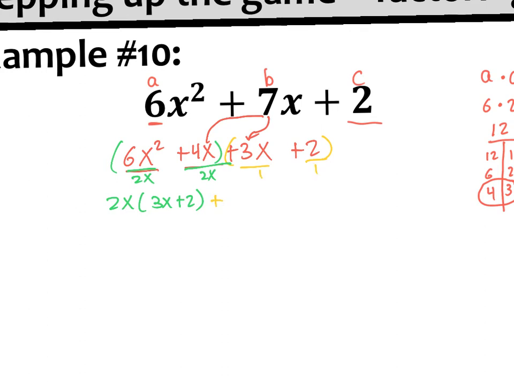Just 1. Okay? We do need to put that 1 out front when we're factoring by grouping. So 3x divided by 1 is 3x. 2 divided by 1 is 2. Okay, my two groups. We have 3x plus 2 and 3x plus 2.